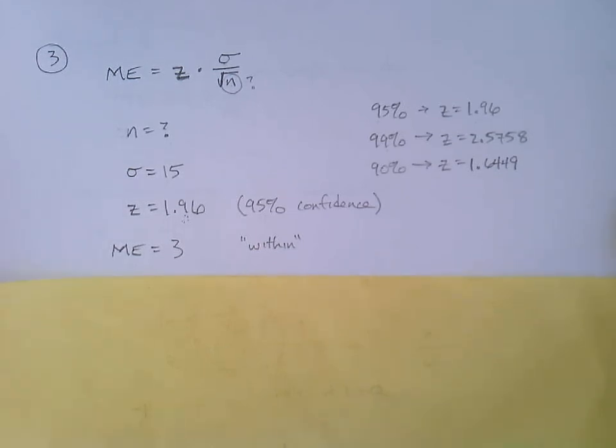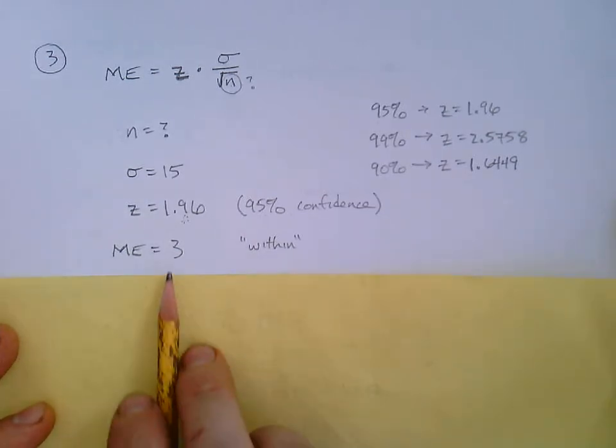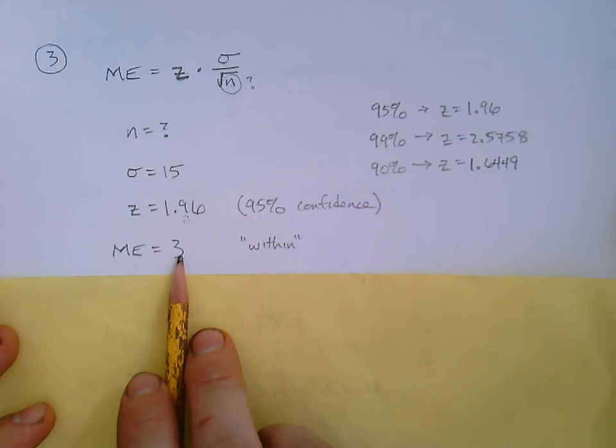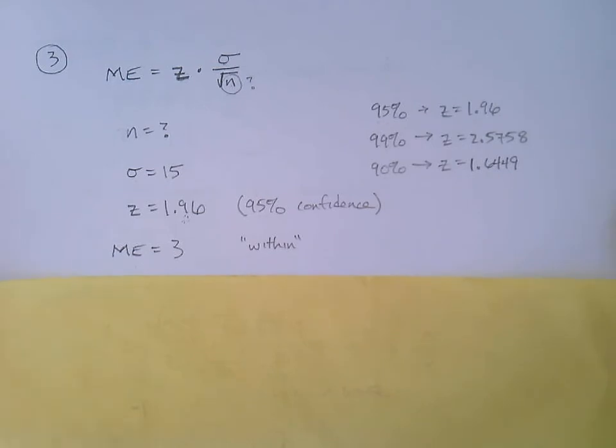We want the sample mean to be within 3 IQ points of the population mean. So the distance should be within 3. And so our margin of error, how far do we go in both directions, is the 3. And that word within that comes before it really tips us off.